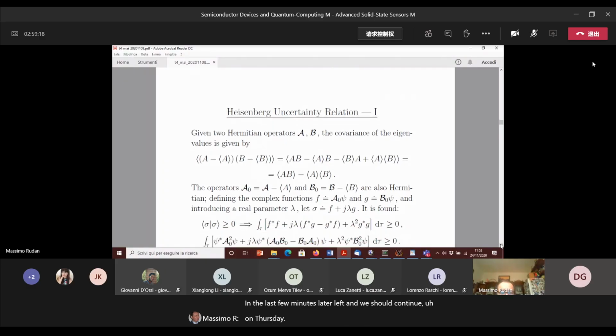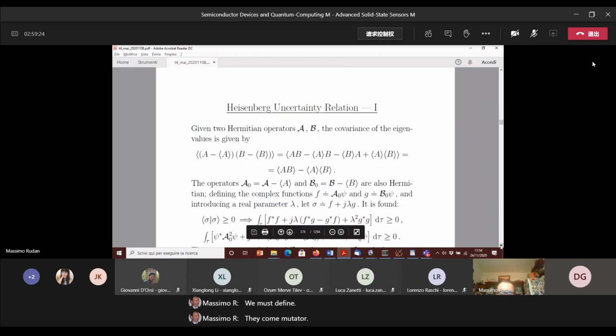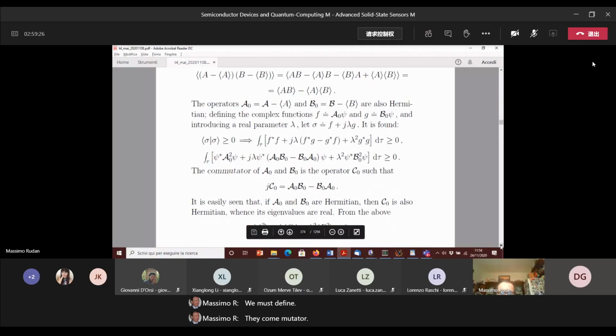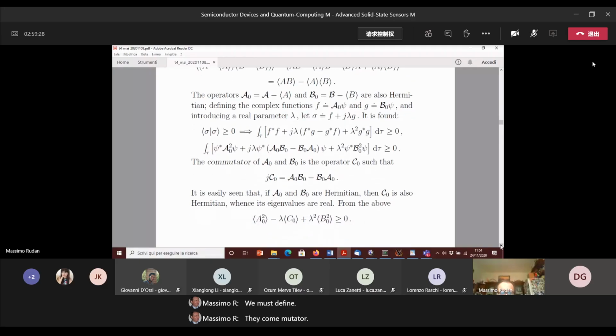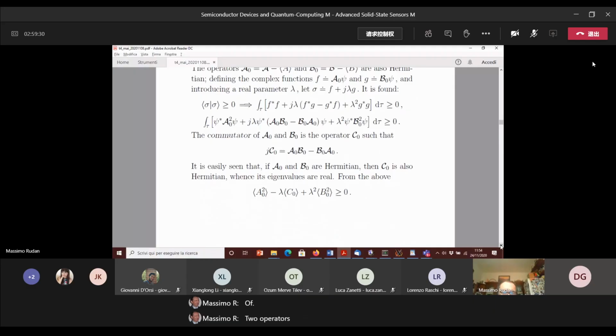We must define the commutator of two operators. So here, for some reason that will be clear immediately, instead of using the symbol A and B, we are using the symbol A0 and B0, okay, but nothing changes.